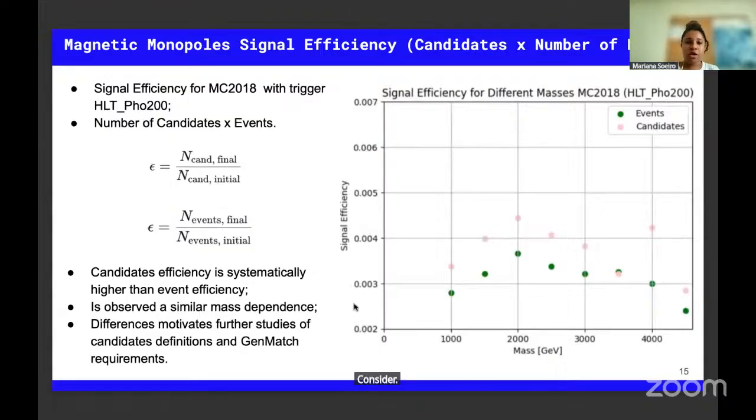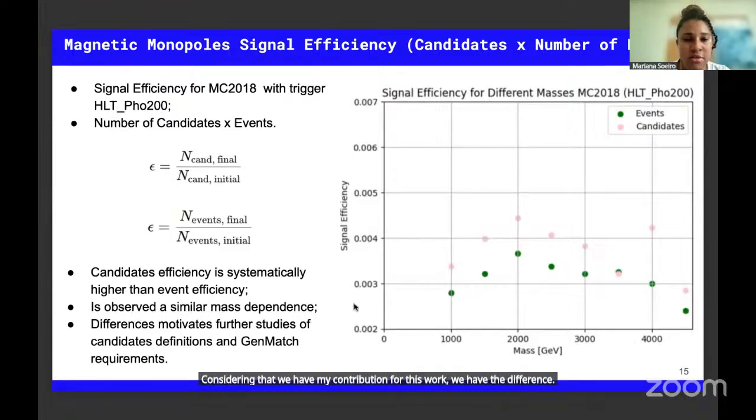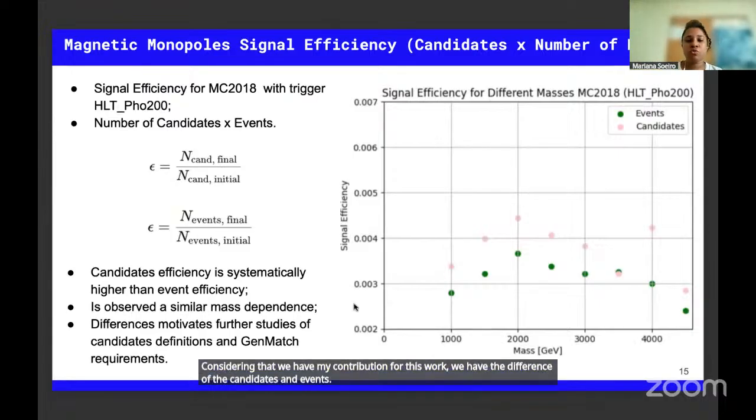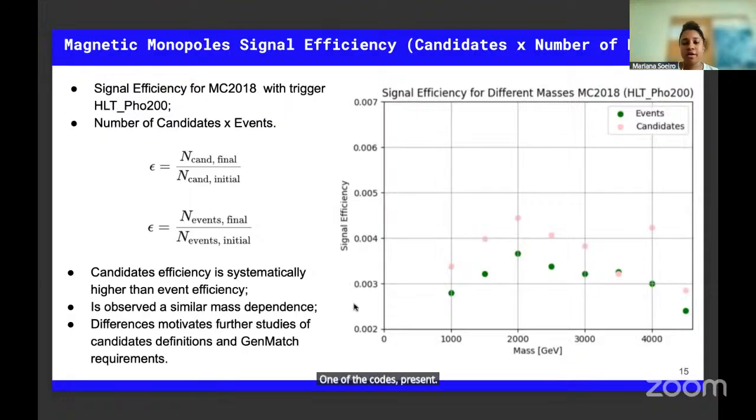Considering my contribution for this work, we have the difference between candidates and events. One of the codes presents events as the main feature, and the other one the candidates.